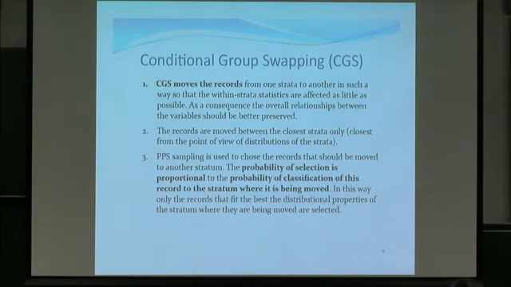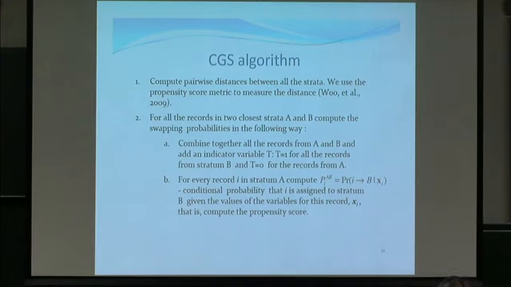So I'm trying to choose the best records, giving preference to the records which fit that stratum better. I don't want to move an extremely wealthy individual to an area maybe which is on government assistance.